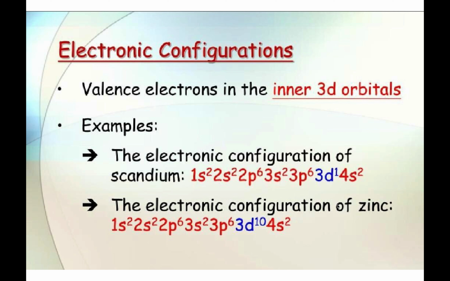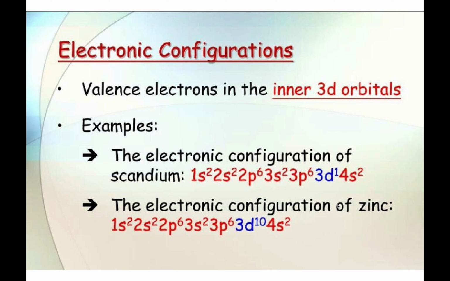The electronic configurations involve the valence electrons in the inner 3d orbitals. For example, the electronic configuration of scandium is 1s2, 2s2, 2p6, 3s2, 3p6, and before going to 4s2, it goes to 3d1 and then 4s2.